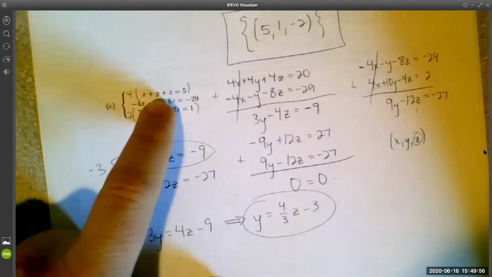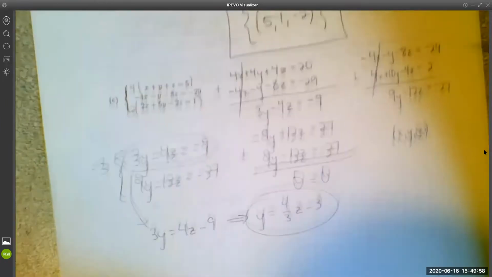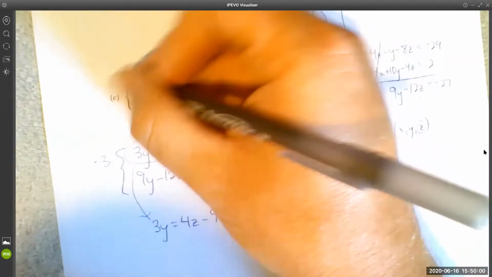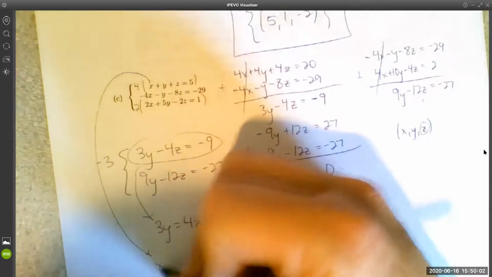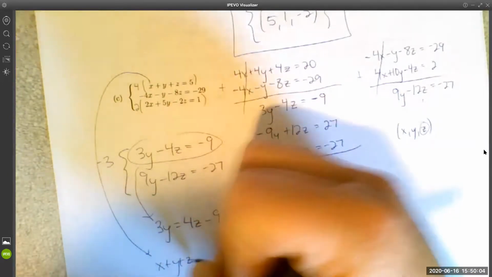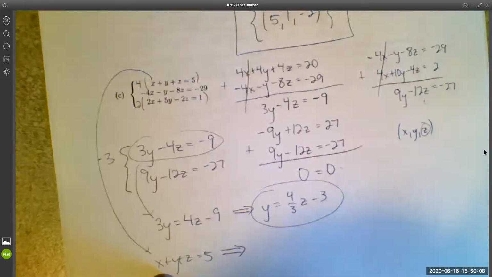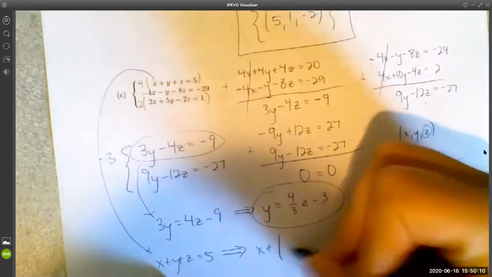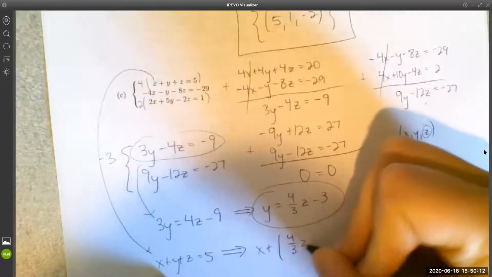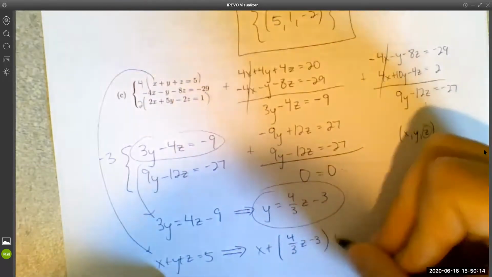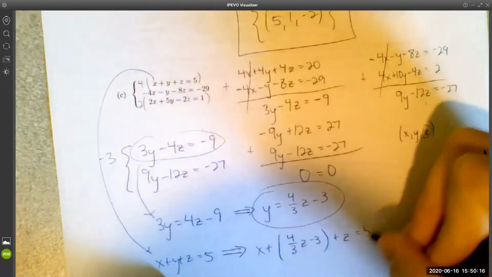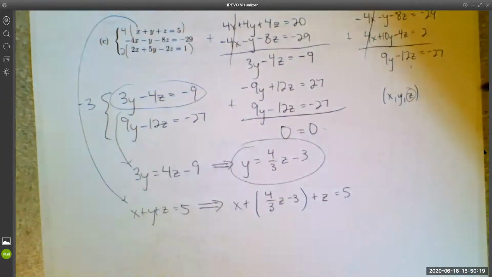I think it would be easiest in the top equation. So I'm going to say x plus y plus z equals 5. That implies x plus y plus z, which is playing itself, equals 5. Now I can combine like terms and solve for x, right?